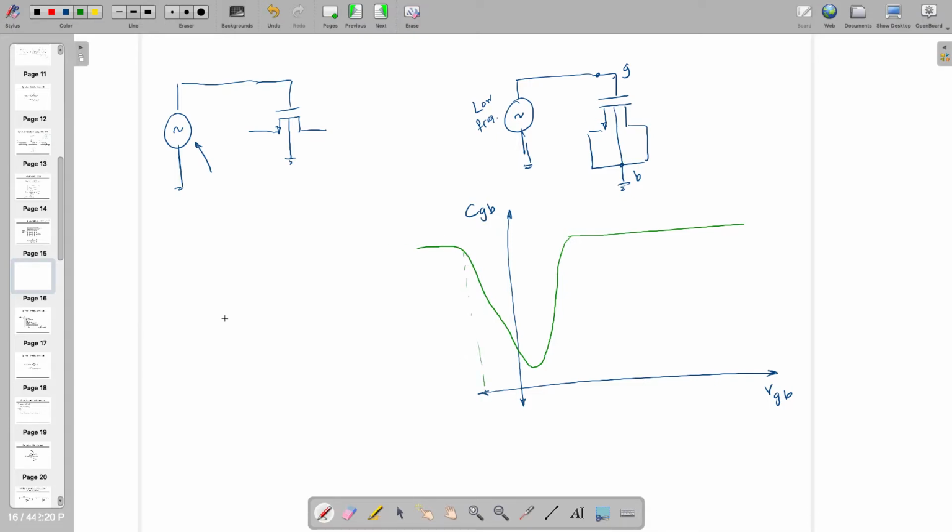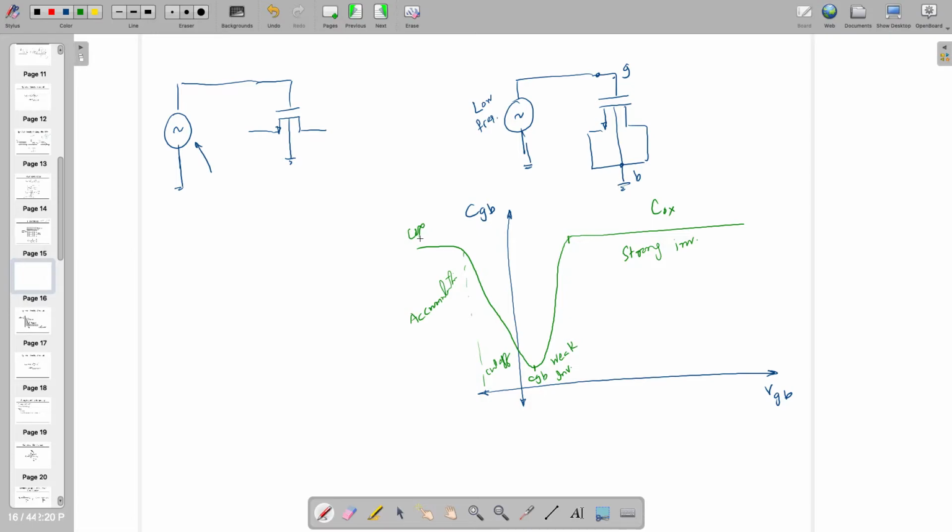So this is actually accumulation. This is cutoff, weak inversion, strong inversion. Here you are going to see COX, CGB, again COX, right? That is how it goes.